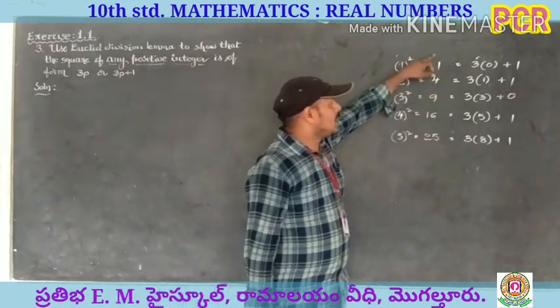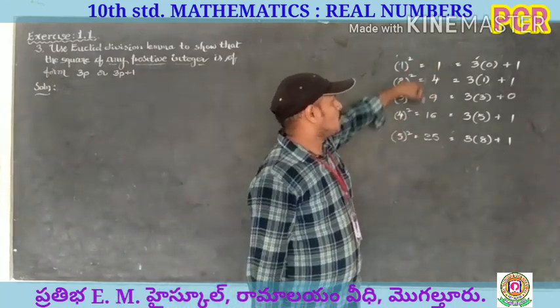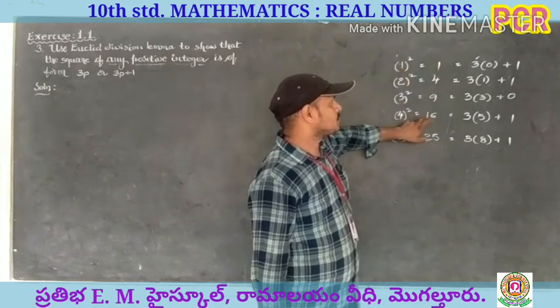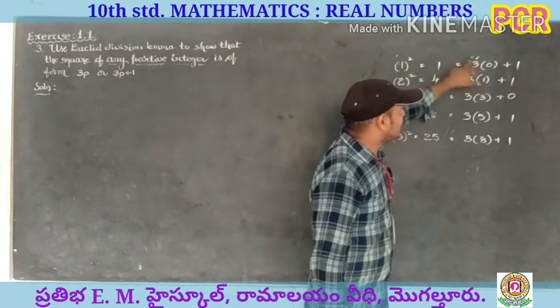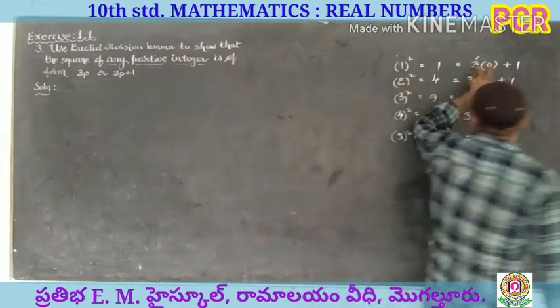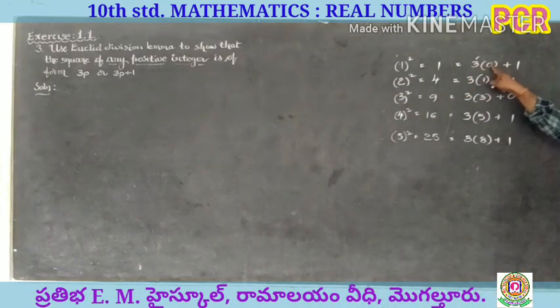So the squares of the positive integers, when divided by 3, we can write like this: 3 into any number plus the remainder 1 or 0.